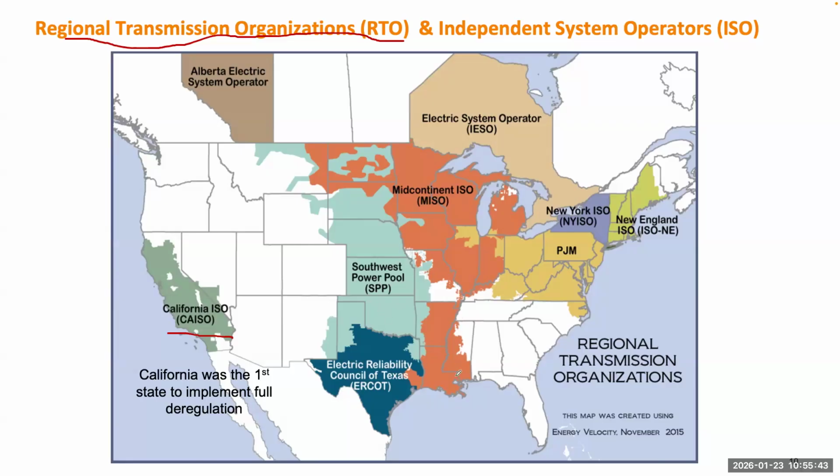Another interesting story is this map was updated in 2015. Before 2015, this part of the area belonged to Southwest Power Pool. The Southwest Power Pool was bigger, and the Mid-Continent ISO only took this part. At that time, the Mid-Continent ISO was not called that, it was called Midwest ISO. Then this part quit from SPP and joined Midwest ISO.